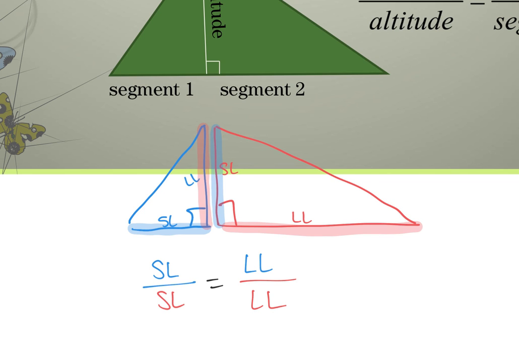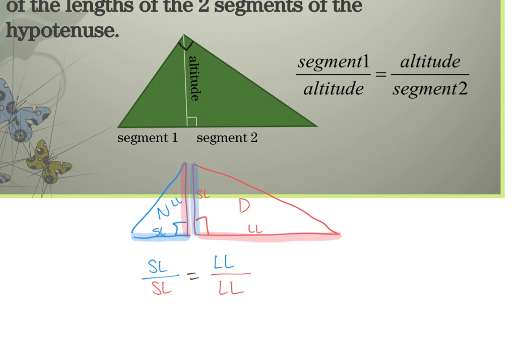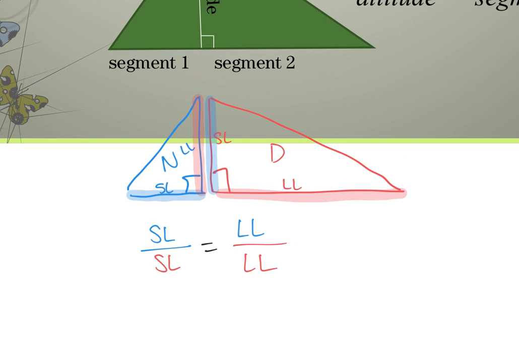So notice, your blue lengths are in your numerator, and your red lengths are in your denominator. Now, what it's saying is, your altitude, in other words, this length right here, is going to be used twice. If that length was x, it would become x squared. And we're going to finish this up tomorrow.